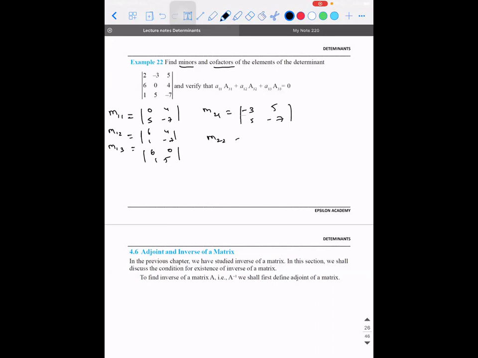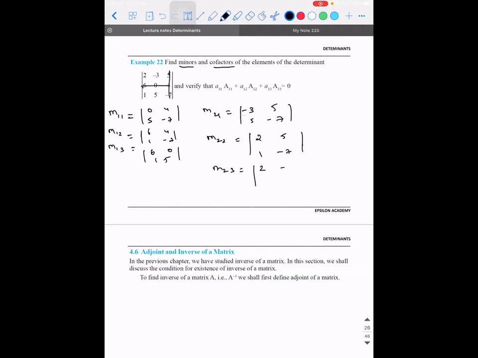Right. M22 is? 6, 4, 1, minus 7. Sir, is it 2, 5, 1, minus 7? Yes, it is 2, 5, 1, minus 7. Similarly, what is M23? M23 will be this one: 2, minus 3, 1, 5.